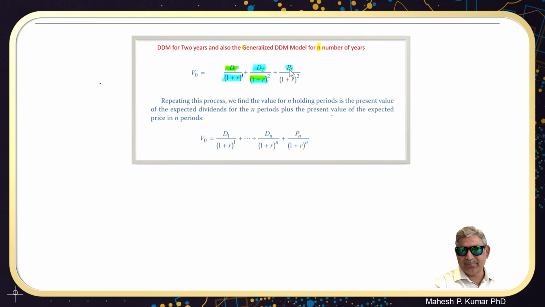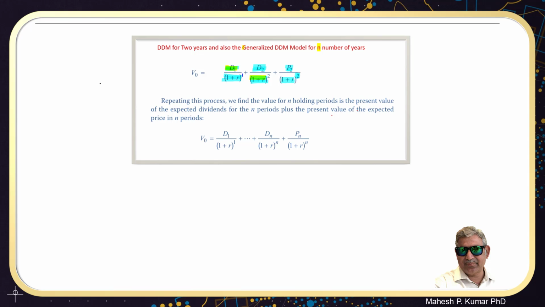The price after 2 years, which some analyst might have projected, we discount at the required rate of return for 2 years, because this is the price that would be realized after 2 years.